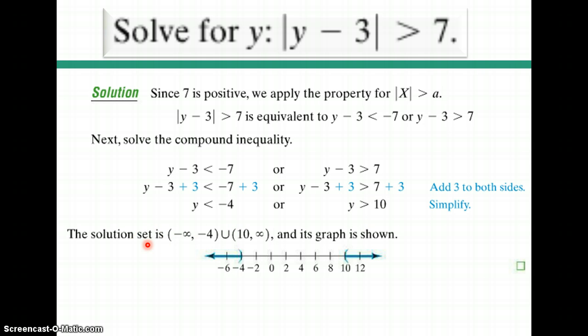So the solution set is minus infinity to minus 4 union 10 to infinity. Look at the solution graph. The left part is y less than minus 4 and the right part is y greater than 10.